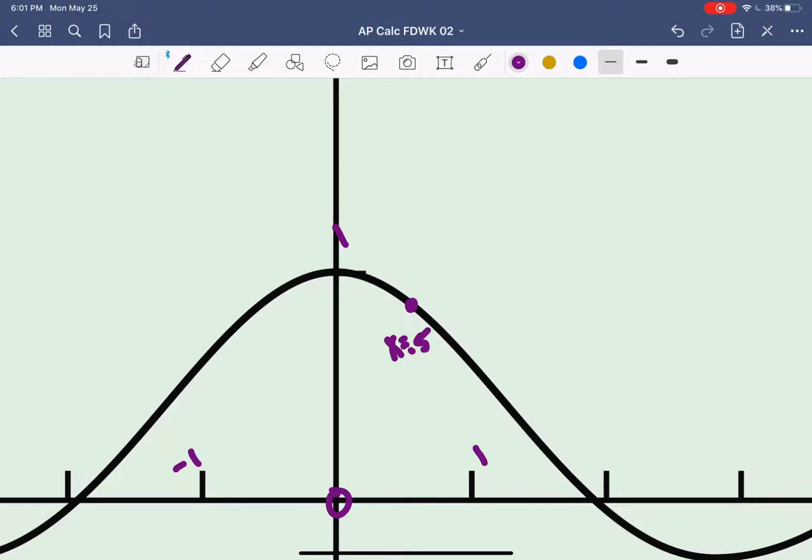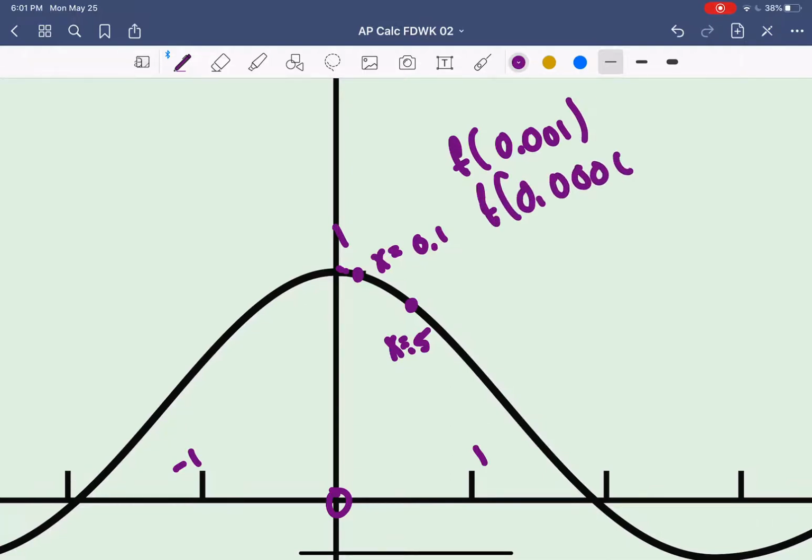We can look at x is equal to 0.1, and we can get a closer idea. We can get closer and closer eventually to where we get like f of 0.001 or f of 0.000001. We want to keep getting closer and closer to that value that's right next to the arrow, but never actually get to it because that's when we divide by 0, and we can't do that.